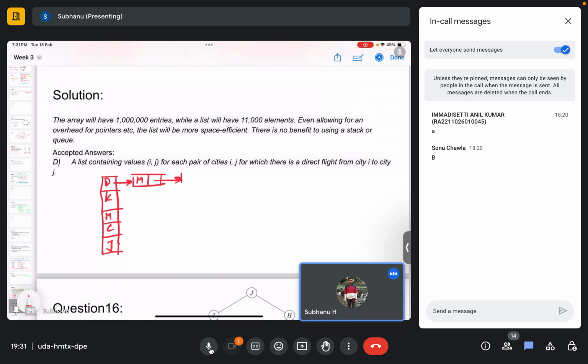Then if you have a direct flight from Kolkata, you can do like this. So this means you have a direct flight from Delhi to Mumbai and Delhi to Kolkata, not Mumbai to Kolkata. So the linked list will be the best representation for your data structure.